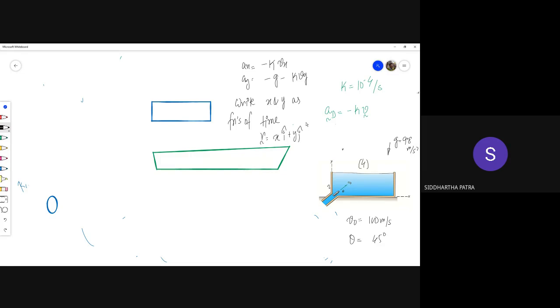So when you integrate this and get the displacement from the acceleration, that would not be a simple integration, because if it were only g, it would be like half g t squared, but that is not the case here. You also have the initial velocity v0, so you'll have to get the expression for x and y.